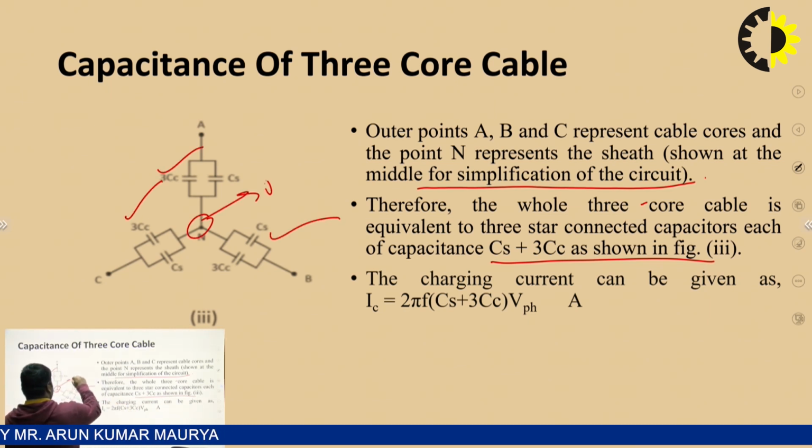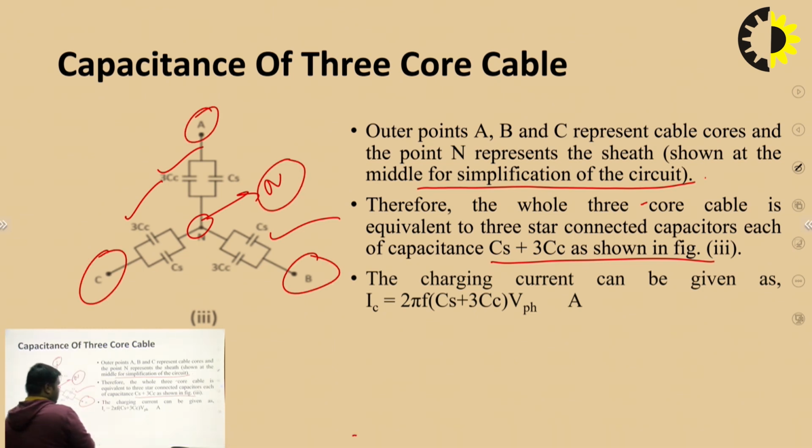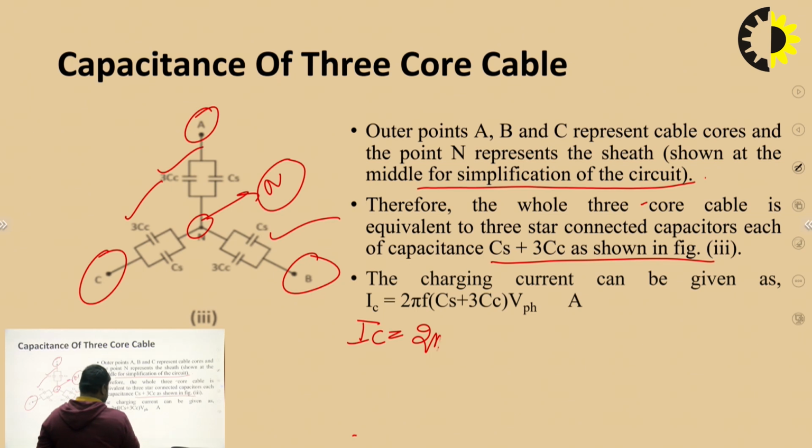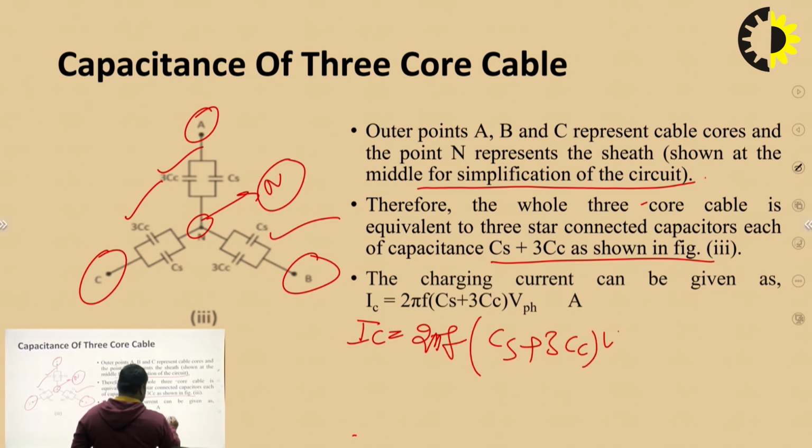This is the neutral point, and A, B and C. The charging current can be given as IC equal to 2 pi f into CS plus 3 CC into V phase ampere.